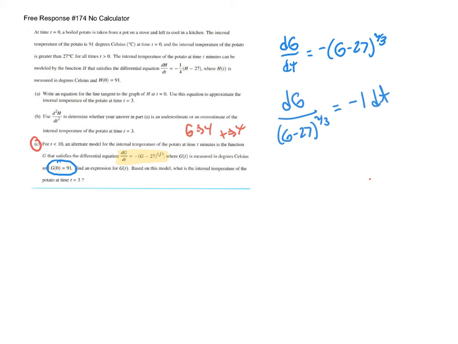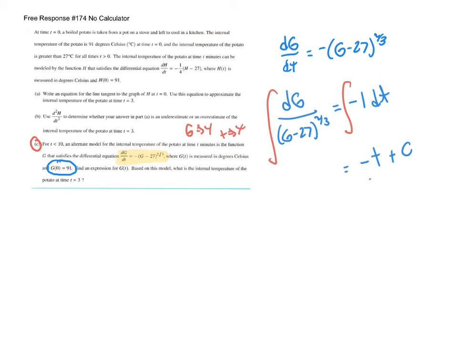And then the technique for separable differential equations is that we're going to do the antiderivative on both sides. Okay. So the antiderivative on the left is pretty straightforward. On the right, this is negative t. And remember, we just put our plus c over on the right. There'll be two plus c's. We mix them together and put a new plus c on the right.